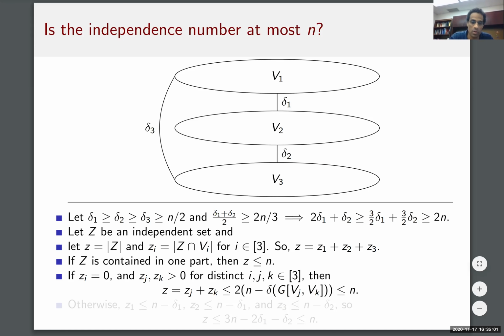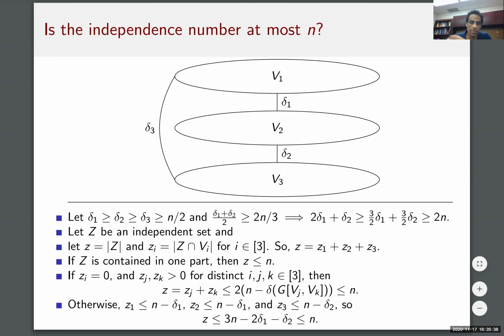And the same thing applies in the other direction. So there's a vertex in this part that's in my independent set, and all of its neighbors are not in the independent set. So Zk is at most n minus the minimum degree between these 2 parts. I add that all up, and why is it less than or equal to n? Well, that's just because the minimum degree is at least n over 2.